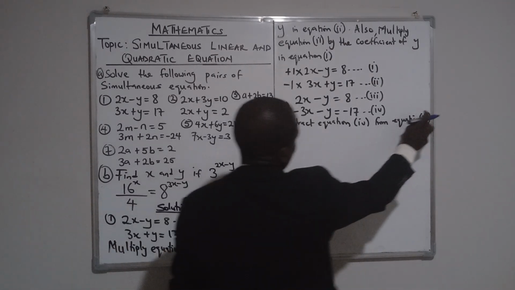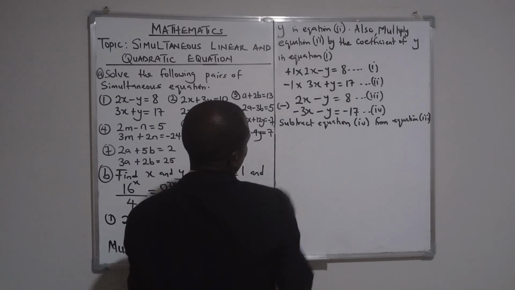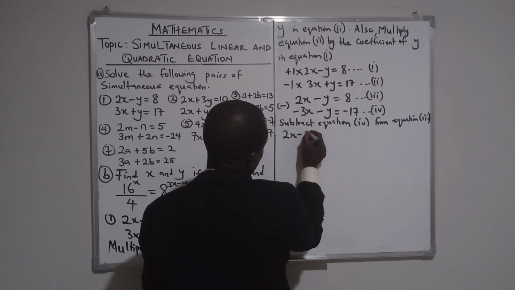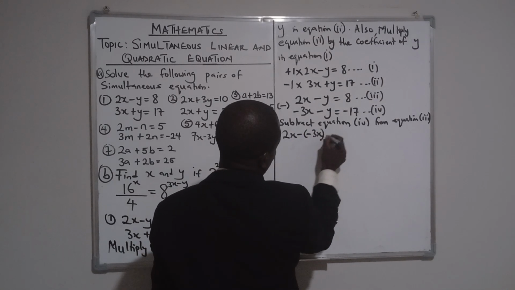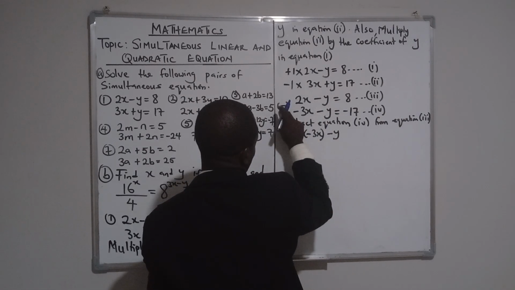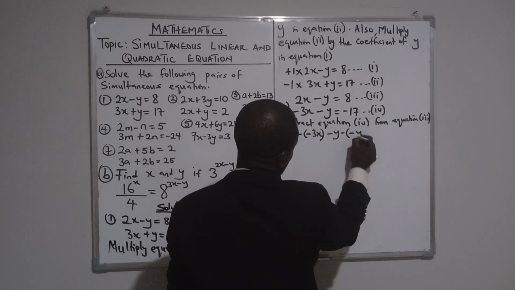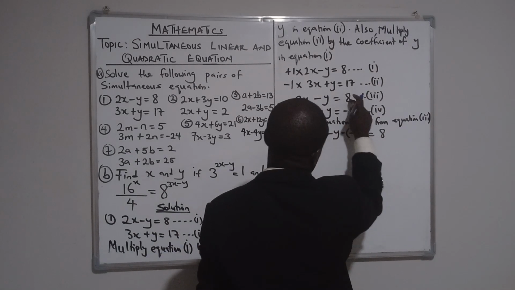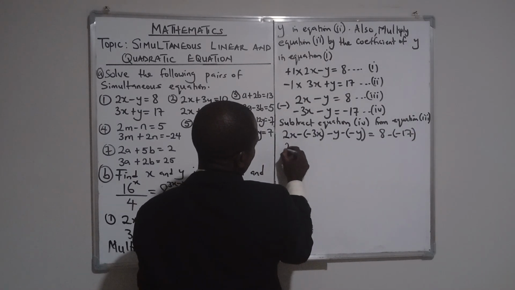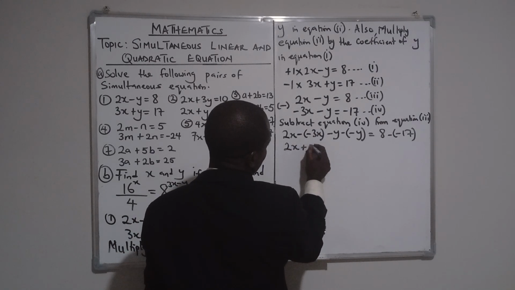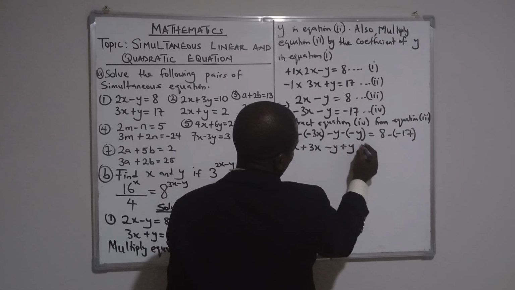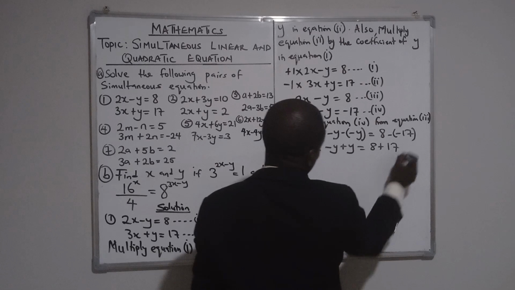When you do that, you have 2x minus (minus 3x), minus y minus (minus y), equals 8 minus (minus 17). That becomes 2x plus 3x, minus y plus y, equals 8 plus 17.